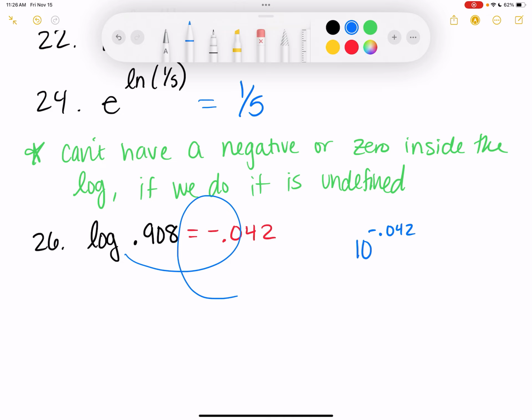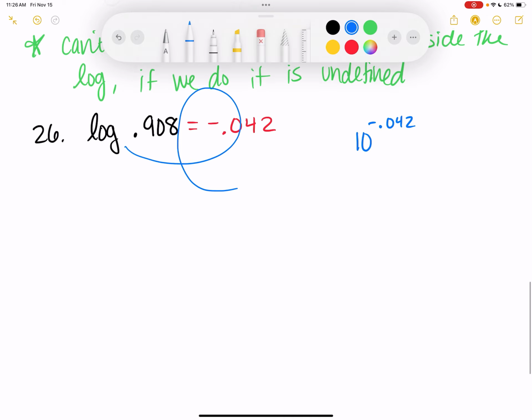And if I type that in my calculator, 10 raised to the negative 0.042, I get 0.9078, which would round to 0.908 there. So that would be showing you that your answer is correct. So if you wanted to check it, you can.